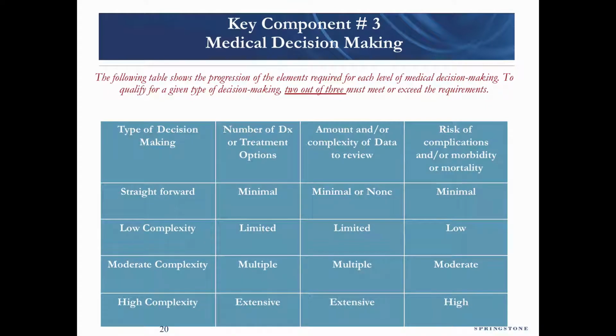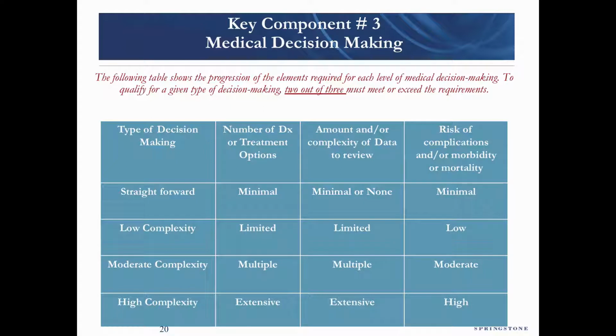Now, the third key component is medical decision making. And this is arguably the most complicated of the three. So let's go through this in some detail so you understand it. There are 4 levels. You can look at the left column.